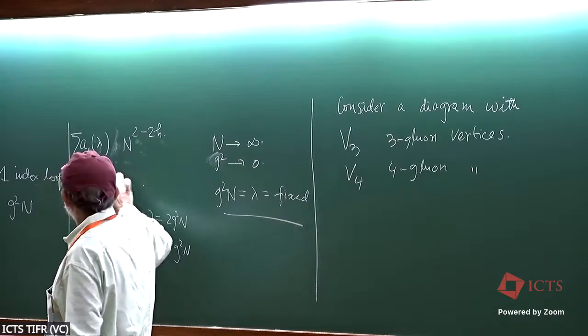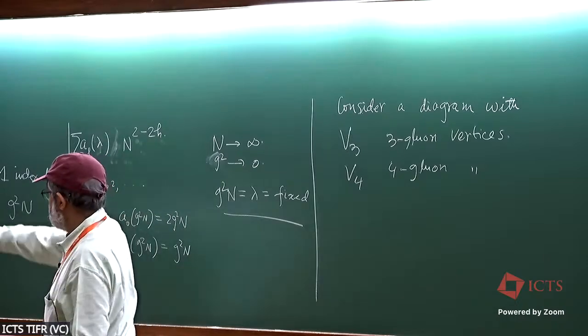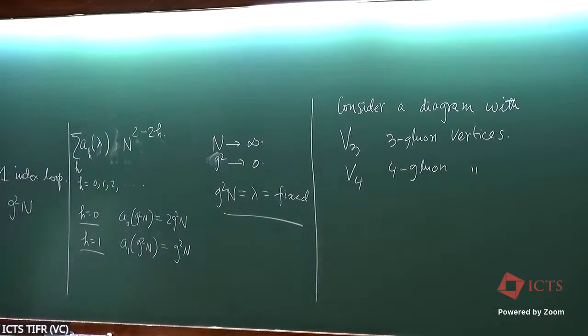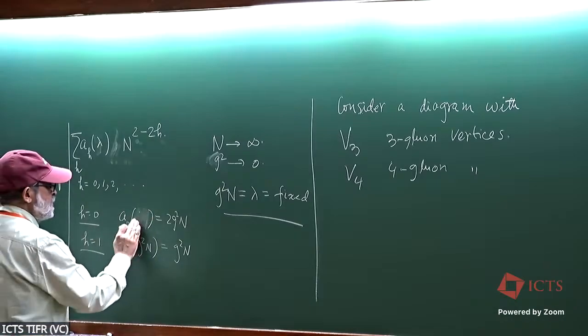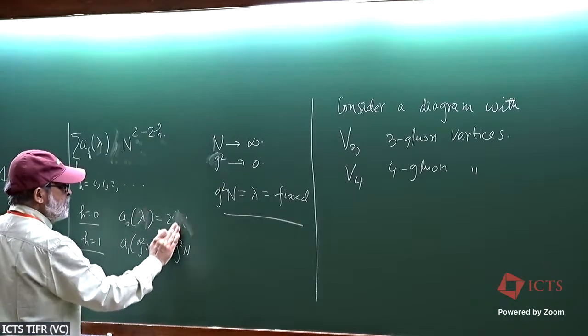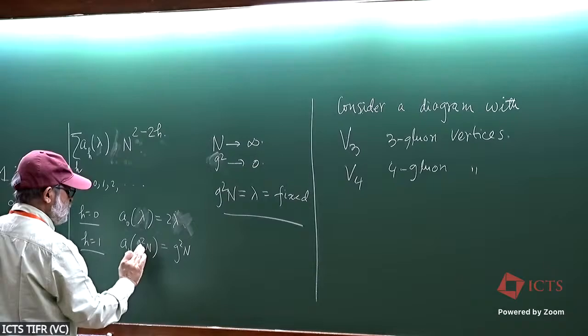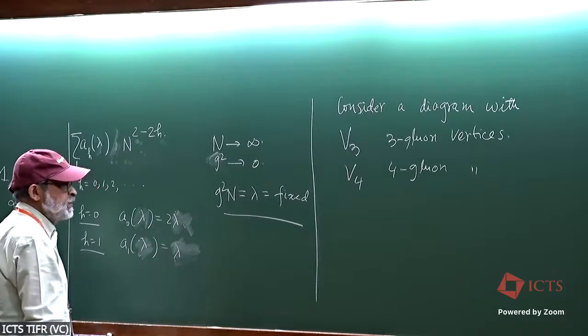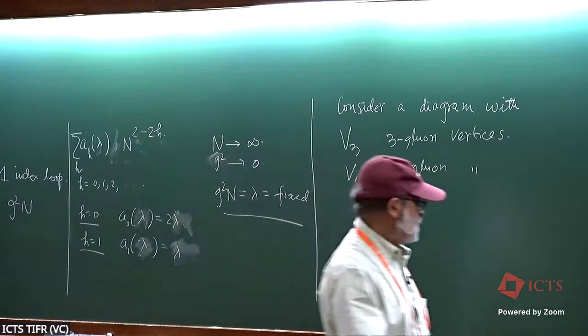So it's just A0 of lambda times n square plus A1 of lambda, where I can read off A0 of lambda to be 2 lambda and A1 of lambda to be lambda. Is that clear now?